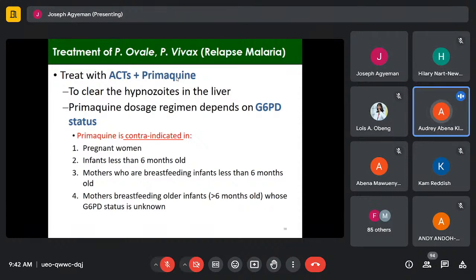For gametocytes, quinine, primaquine. For the schizonts, amodiaquine, quinine, artemisinin, mefloquine. Yes, that's what I had. So for the liver stage, which ones did you get? For the liver stage, the only one I know is primaquine.